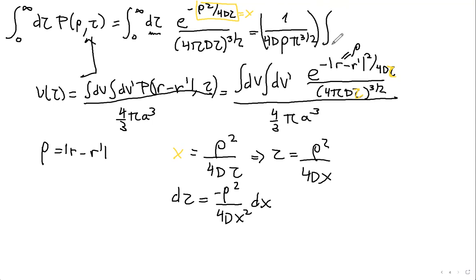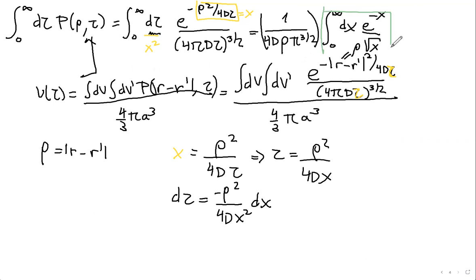And then you get the integral 0 to infinity of dx, e to the minus x, and what remains here, there is an x squared. So there is an x squared that appears here, and this is tau to the 3/2. So this is x to the minus 3/2. So what survives is just here square root of x. Okay, this is what you get. So there is a prefactor times this integral, and this integral turns out to be known.